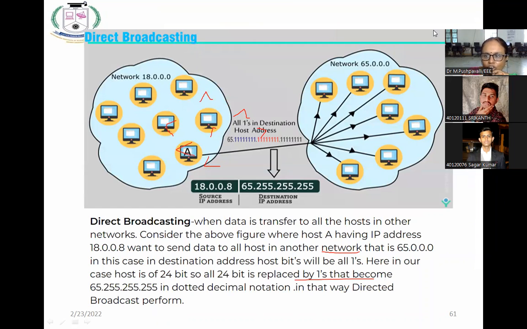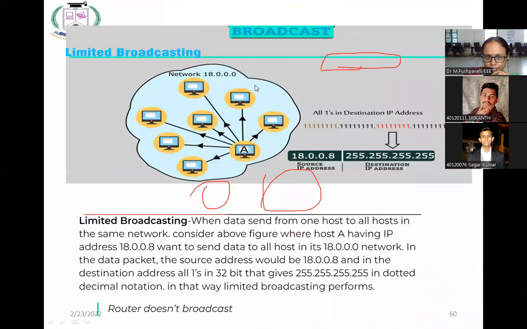So, direct broadcasting means that here again my source IP address will be there and a destination IP address there. When my network broadcasts to all the networks present in this. When you go to the previous diagram, this is my network, but depending upon my destination only, my packet will be delivered.